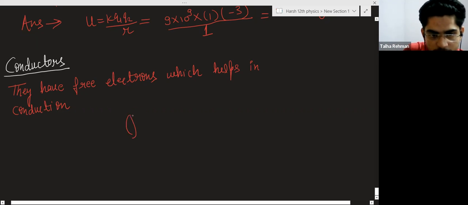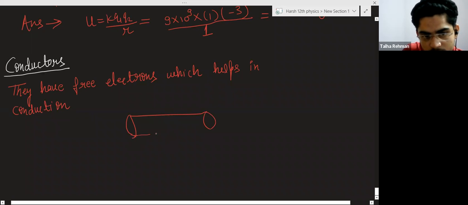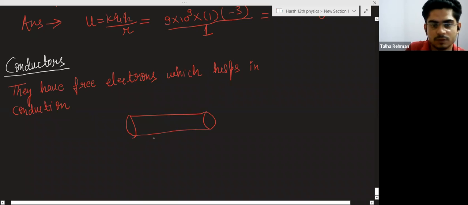Suppose here is a cylindrical conductor. These are ions, these are electrons.